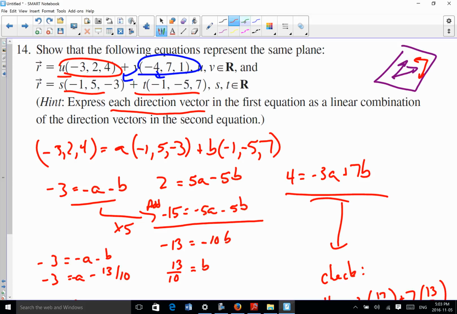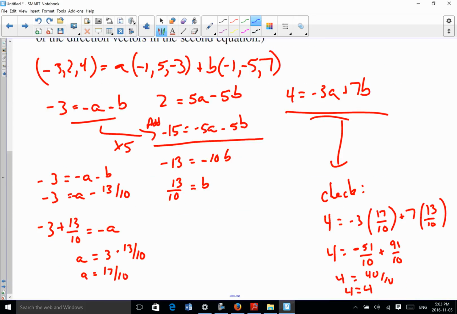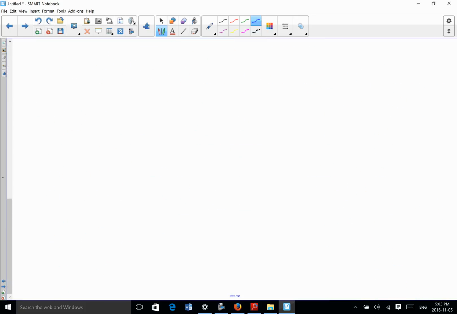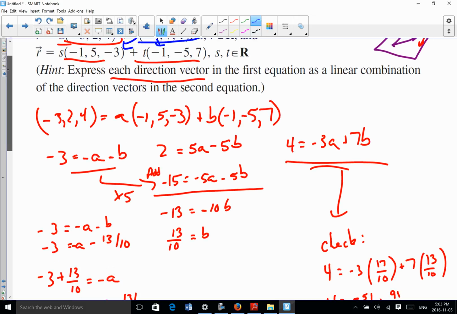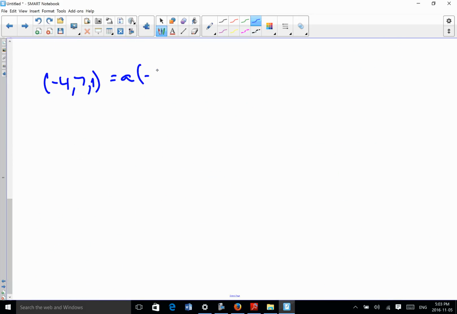Now we've got the exact same thing, but we have to use the other equation. So we're going to use the 4, 7, 1 and do the exact same proof. So how's it going to start? 4, 7, 1 is made up of, it's coplanar with, we're proving, negative 1, 5, negative 3, and it's coplanar with the other one, which is negative 1, negative 5, and 7.